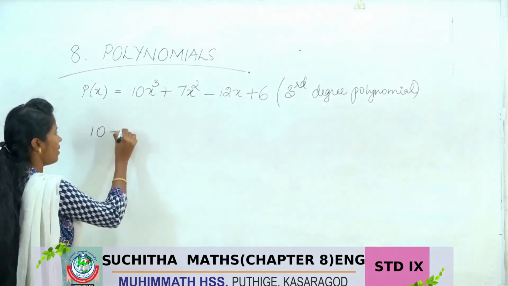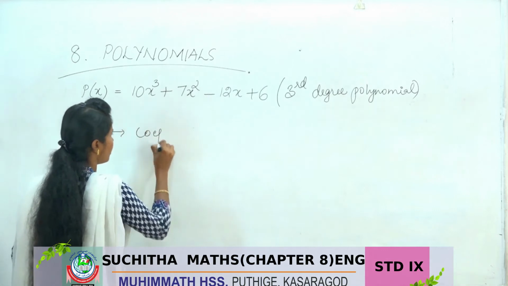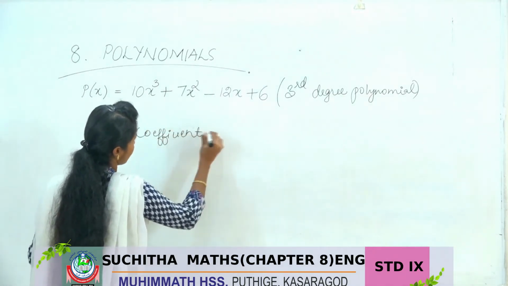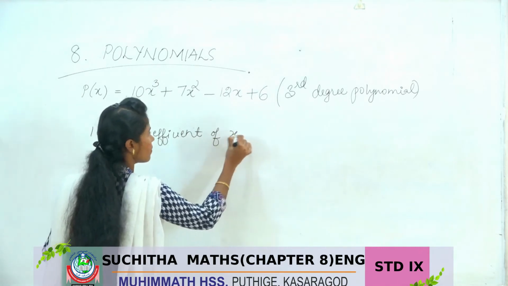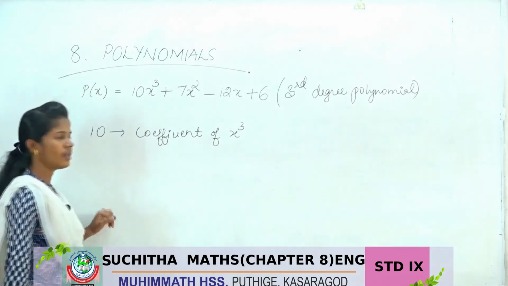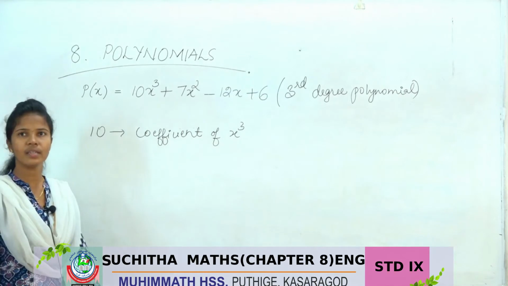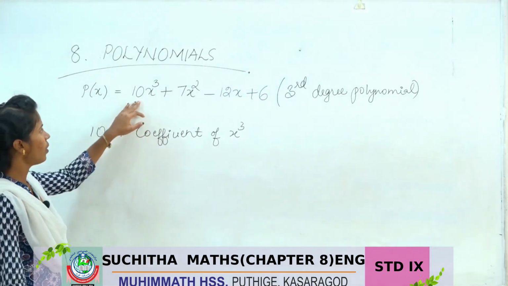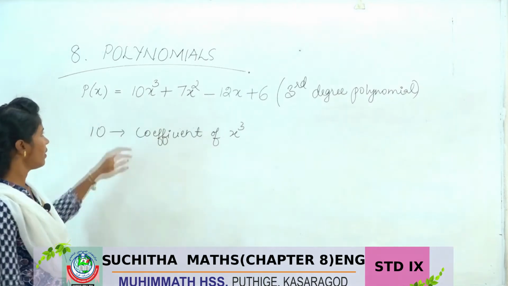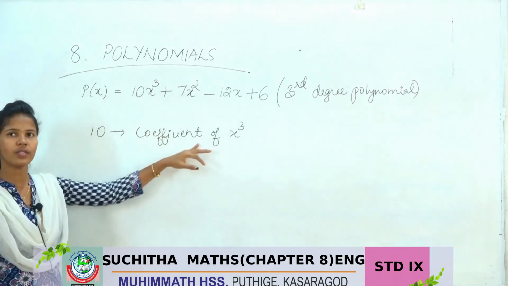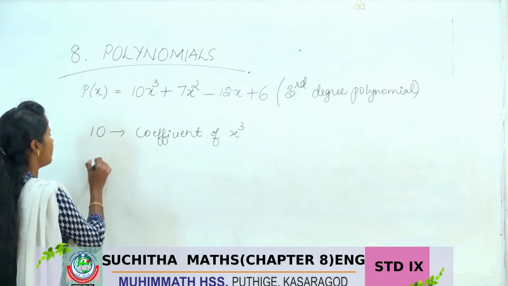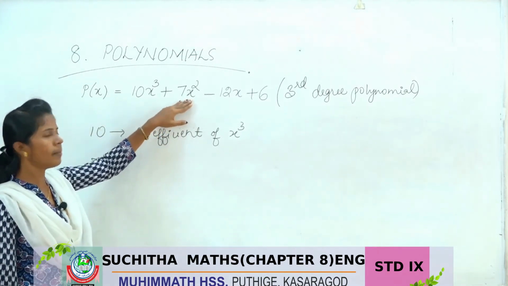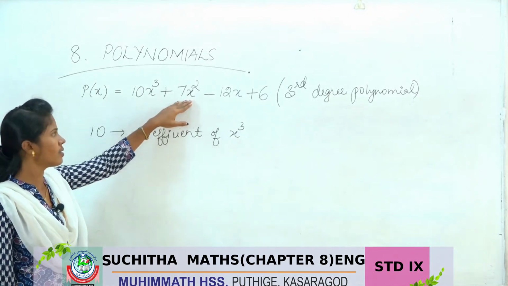10 is called coefficient of x cube. That is, the number written with the x cube is called coefficient. Okay. Here 10 is called coefficient of x cube. Then what is the coefficient of x square? The number written with the x square is 7.